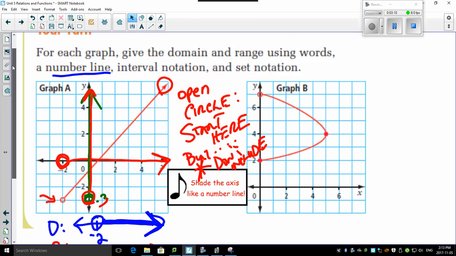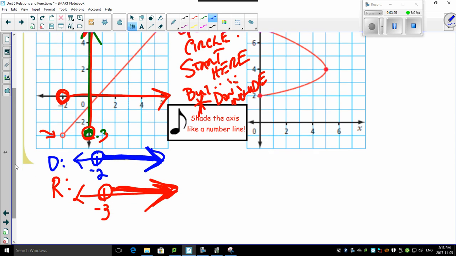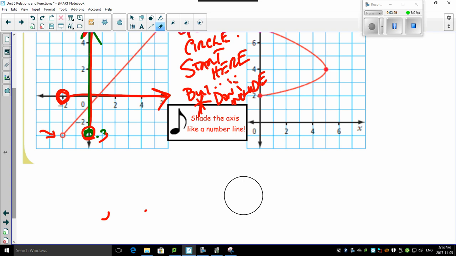The next one here, interval notation, and then set notation. Interval notation, remember, those are our brackets and so on. So how do we do this one? Let's do domain. Again, notice how I left the number line on the graph because that's going to help us out.